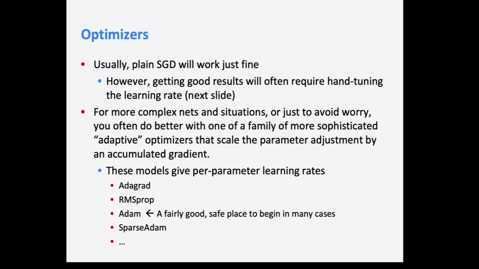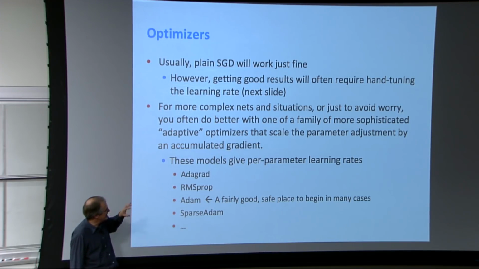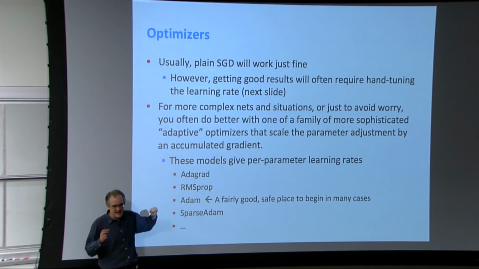For complex nets and situations, or to avoid worry, there's now this big family of more sophisticated adaptive optimizers, and effectively they're scaling the parameter adjustment by accumulated gradients, which has the effect that they learn a per-parameter learning rate, so that they can see which parameters would be useful to move more and which ones less, depending on the sensitivity of those parameters.